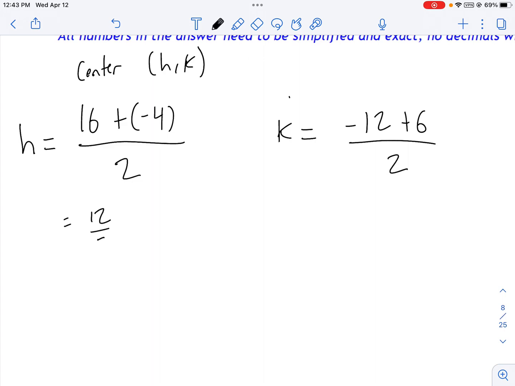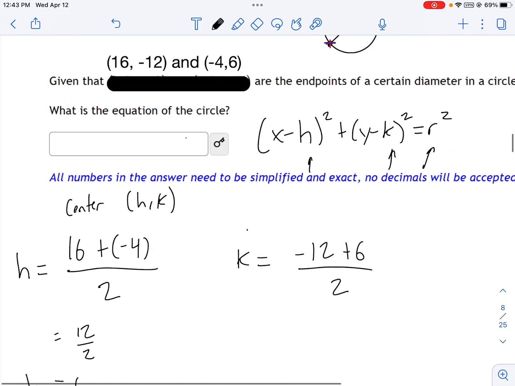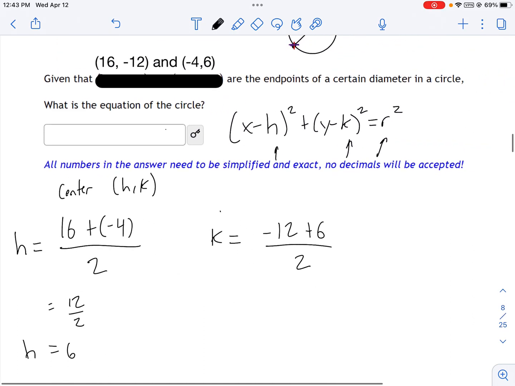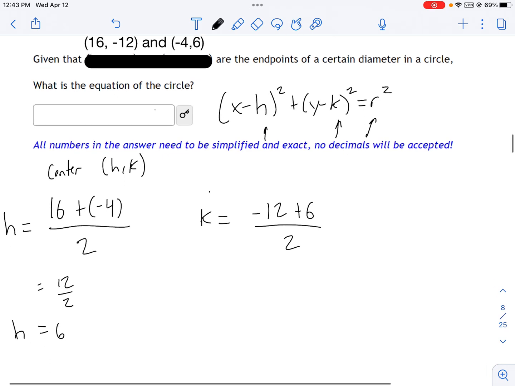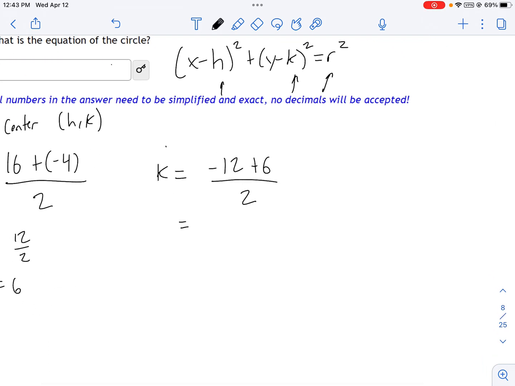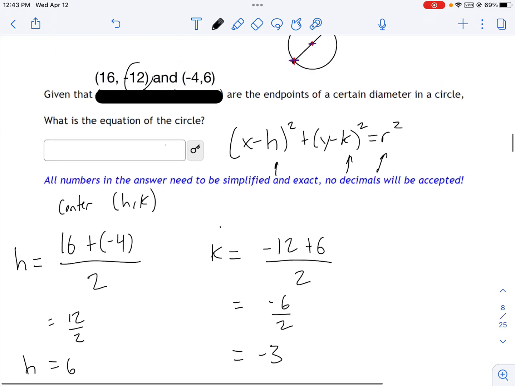That's 12, and half of 12 is 6. That means the h value, the direct middle between 16 and -4, is positive 6. Likewise for k, -12 plus 6 is -6, half of -6 is -3. That means the middle between -12 and 6 is -3. And it is: if we go 9, add 9, and subtract 9, we'll end up at -3 both ways.